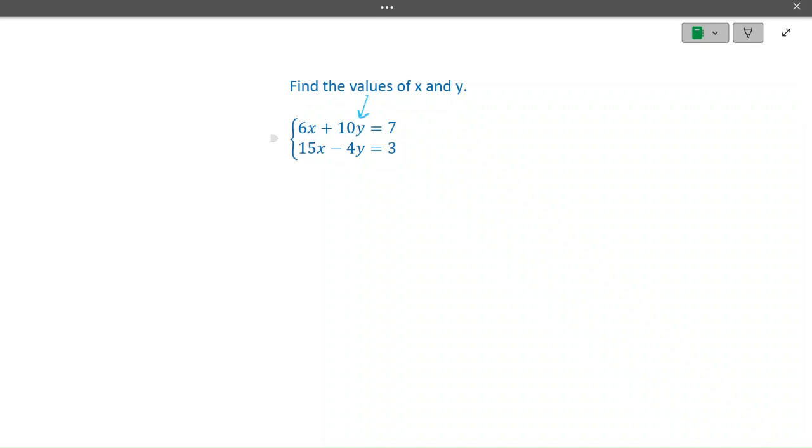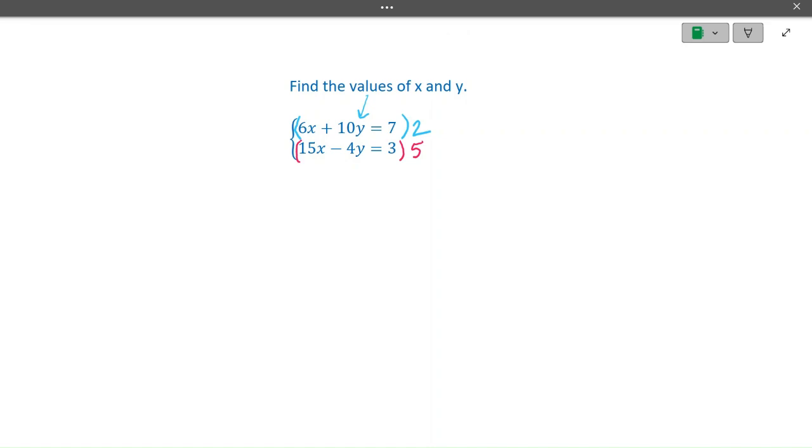That's a pretty easy multiplier. -4 times 5 is -20. That's an easy multiplier. So for the first equation, I'm going to multiply every term by 2. And for the second equation, I'm going to multiply every term by 5. And that will allow us to eliminate the y variable.